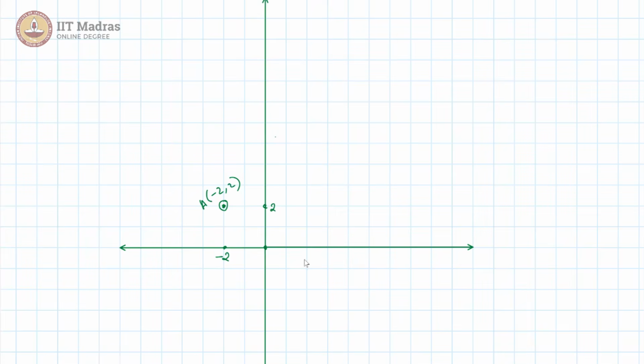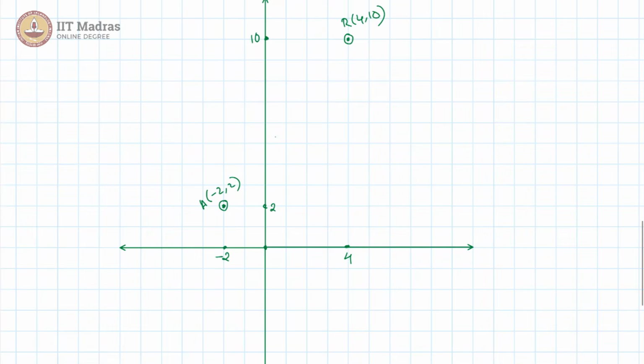And we have the other one, Ram, at 4 comma 10, which is 4 on the x-axis and 10 on the y-axis. So Ram is here, 4 comma 10.